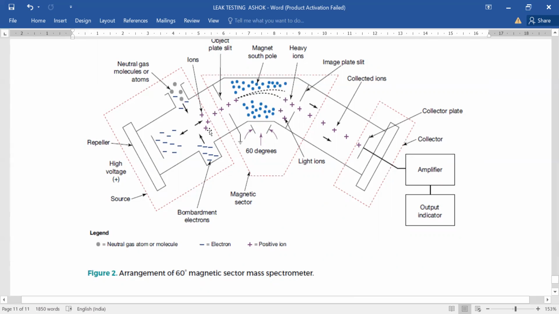Then there is bombardment of electrons on the helium gas, and the helium becomes an ion. The positive ions then move. Then there is a magnetic field, object plate, slit, magnetic south pole. So the light helium ions, that is plus ions, go to the amplifier, the collector plate, are amplified and output as a voltage.